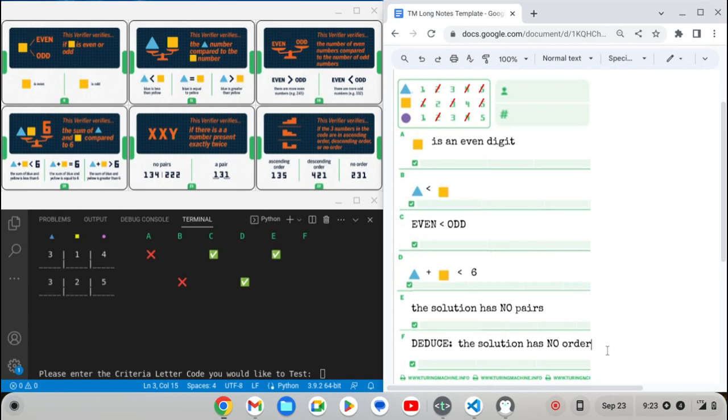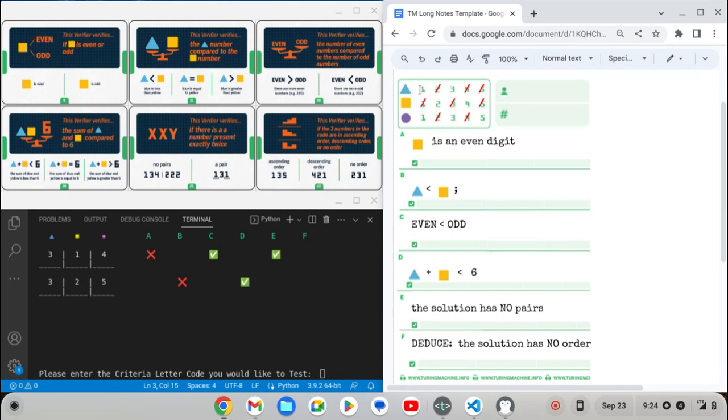Okay, so then we should have enough to pick. So let's see. Square needs to be bigger than triangle. We may need to start listing out some possible solutions, and I'm just going to do it in section B here. So let's see.